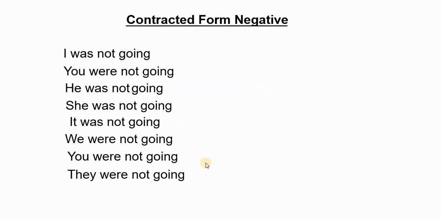The negative form also has a contracted form. So here is the full form.